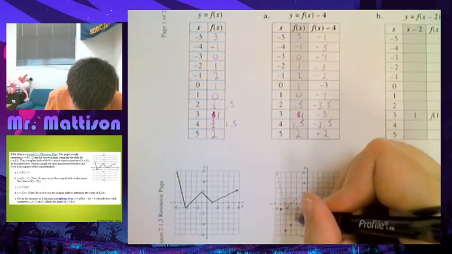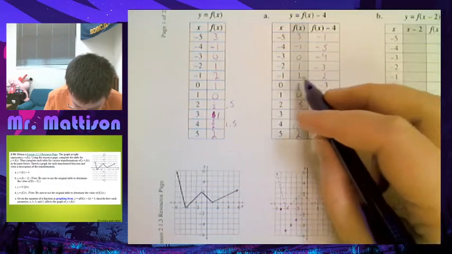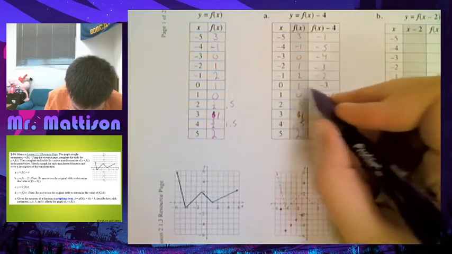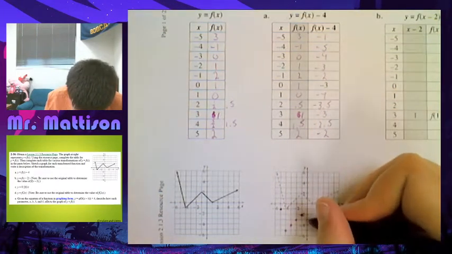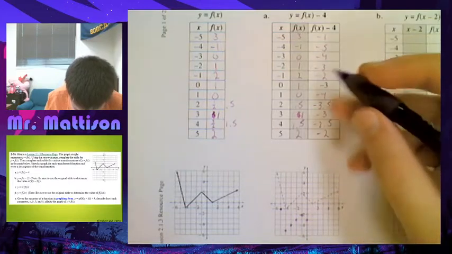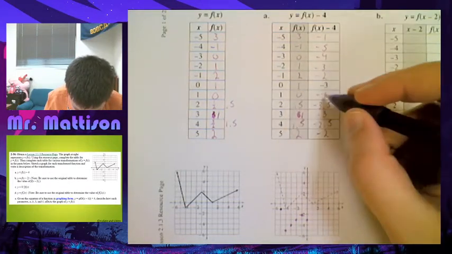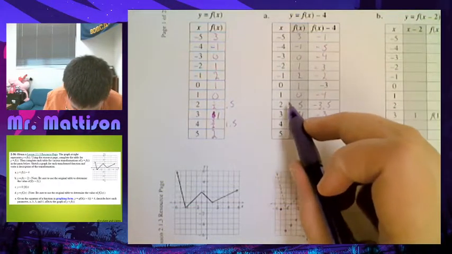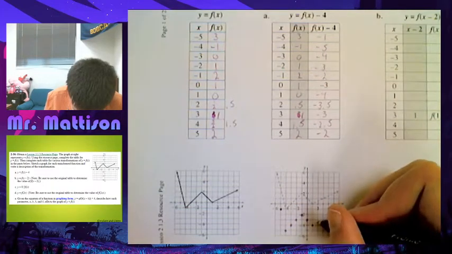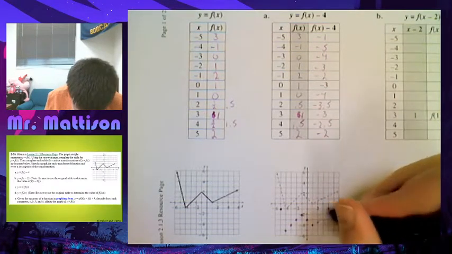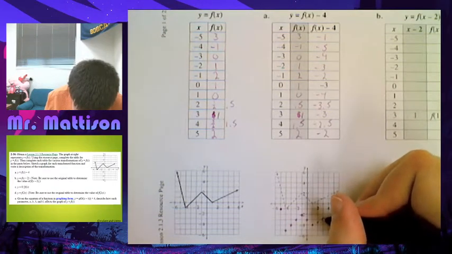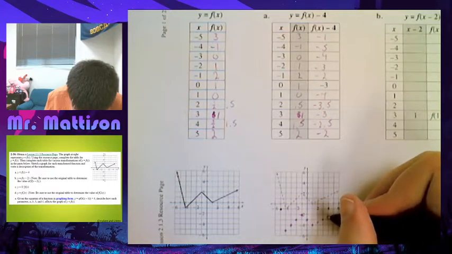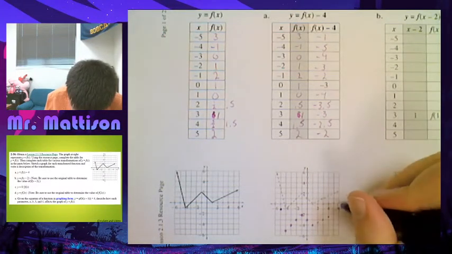-2, -3, -1, -2, 0, -3, 1, -4, and then 2, -3.5, 3, -3, 4, -2.5, and then 5, -2.